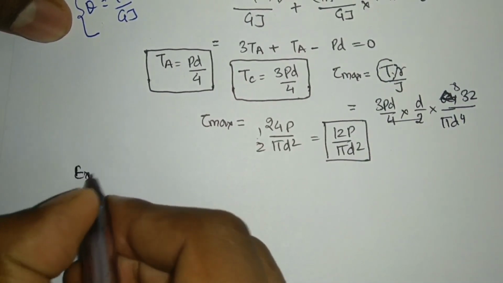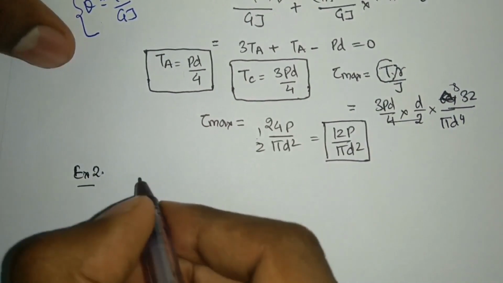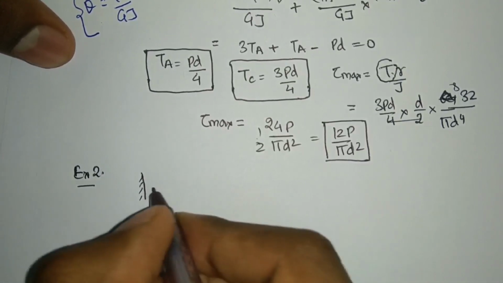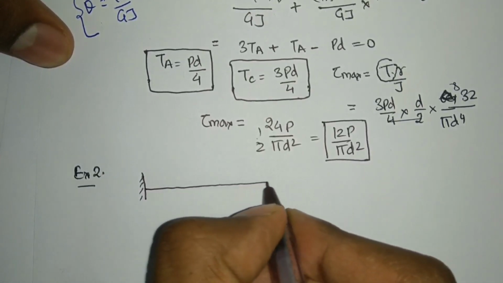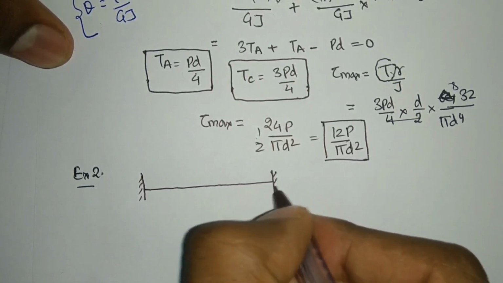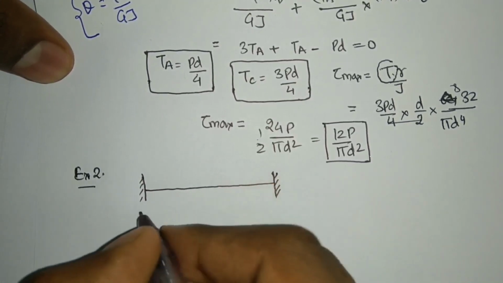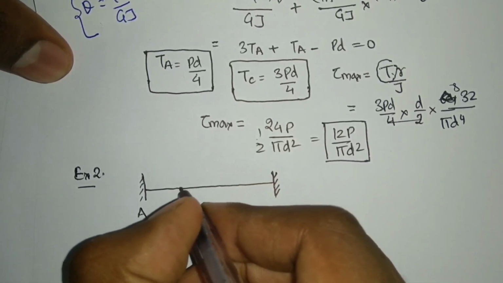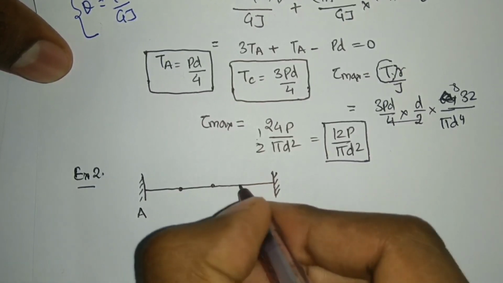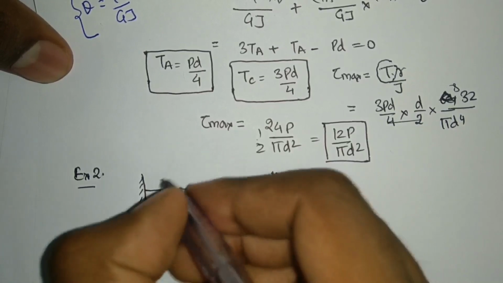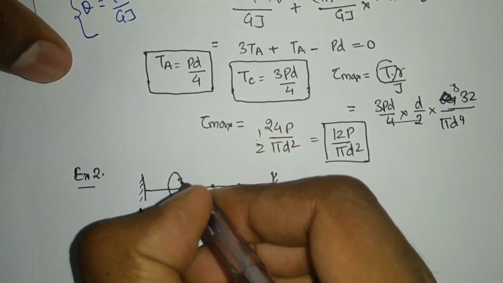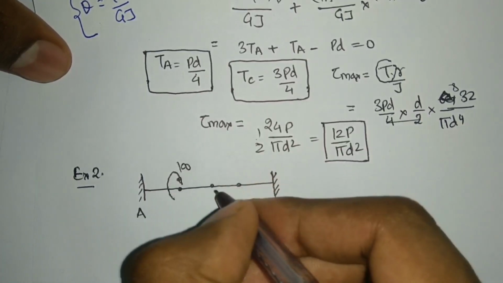Okay, so let's assume that there is a shaft here and the shaft I am simply representing by a line, because drawing two lines doesn't make much of a difference. Okay, there is a point A, there is a point B, C and D. Okay, the torque acting over here is 100 Newton meter.